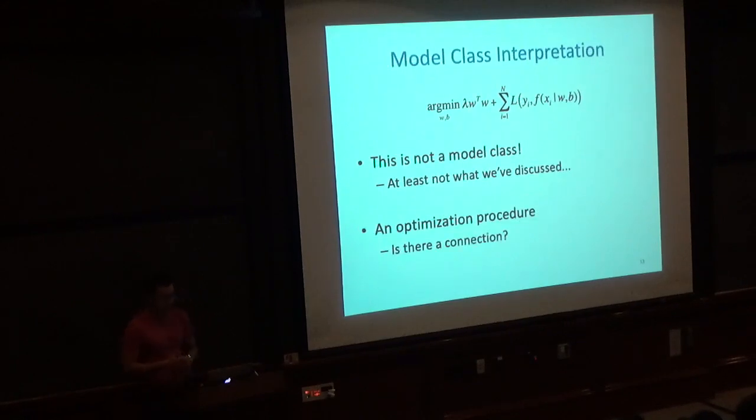Okay. Now let's get into some of the more mathematical interpretations of what's going on. What I described to you was a largely empirical exercise, right? I gave you this learning objective augmented with this regularization term controlled by a hyperparameter lambda.